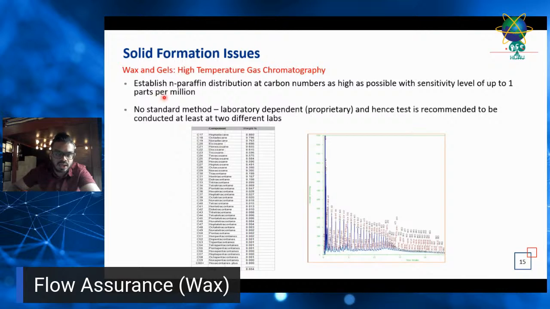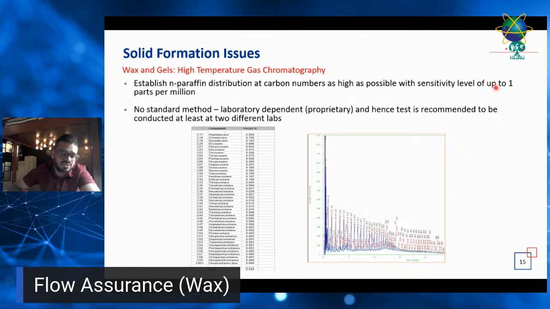Right. And we need at least the n-paraffin distribution at a carbon number as high as possible, with a sensitivity level of up to 1 part per million. So we need a higher carbon number, at least 1 ppm.